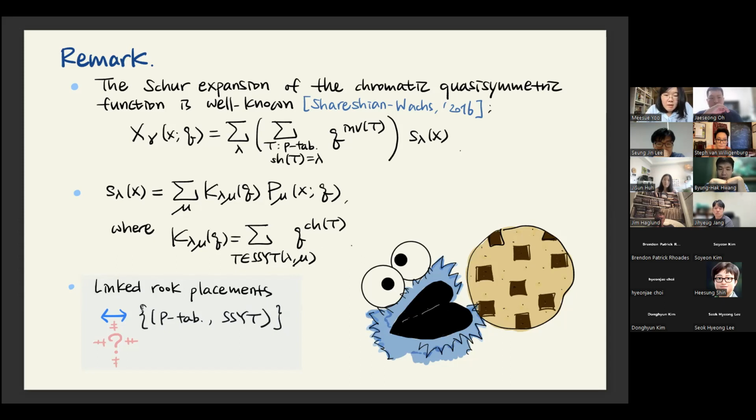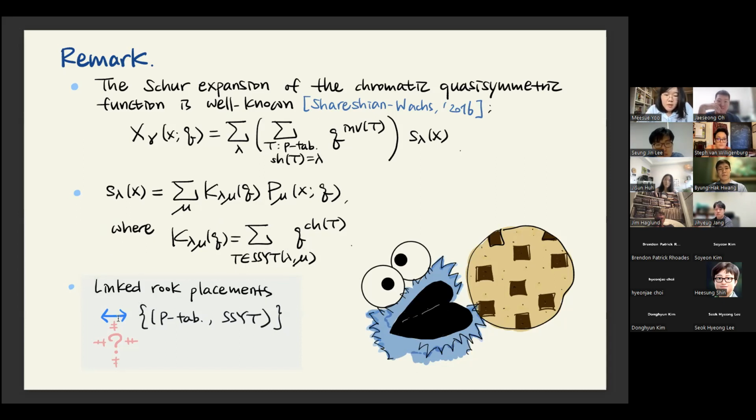In that case, there should be some connection between this linked root placement and root polynomial and the set of pairs of P-tableau and semi-standard Young tableau, and the q weights, the inversion statistic coming from the P-tableau and the charge statistic.